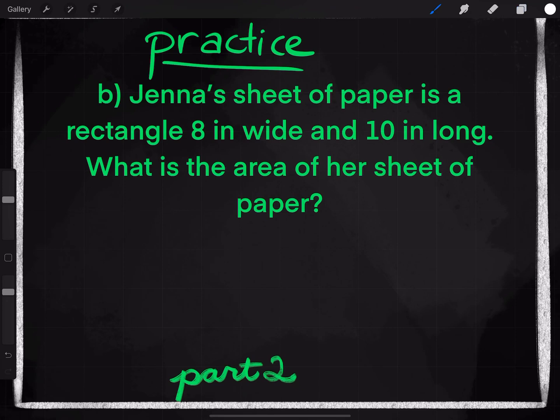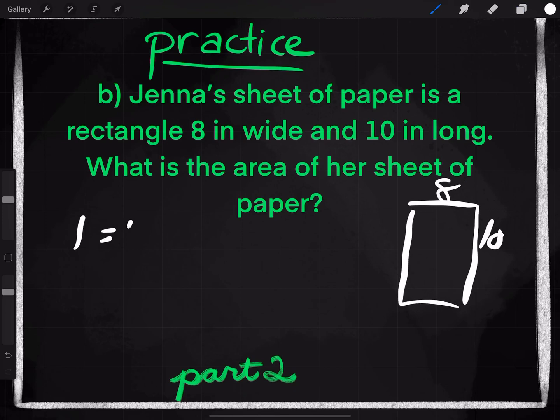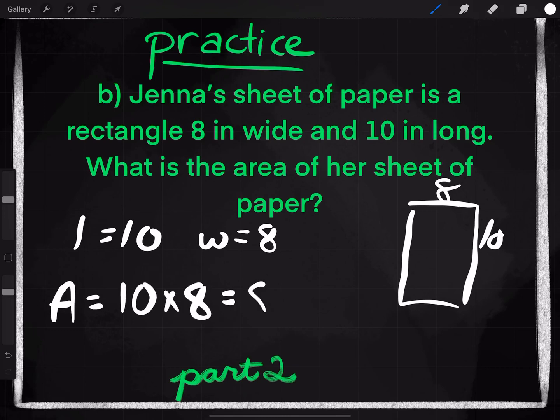Jenna's sheet of paper is a rectangle, 8 inches wide and 10 inches long. So 8, 10. The length is 10. The width is 8. The area of it then is 10 times 8, which is 80. And we are talking about inches, so we write inches squared.